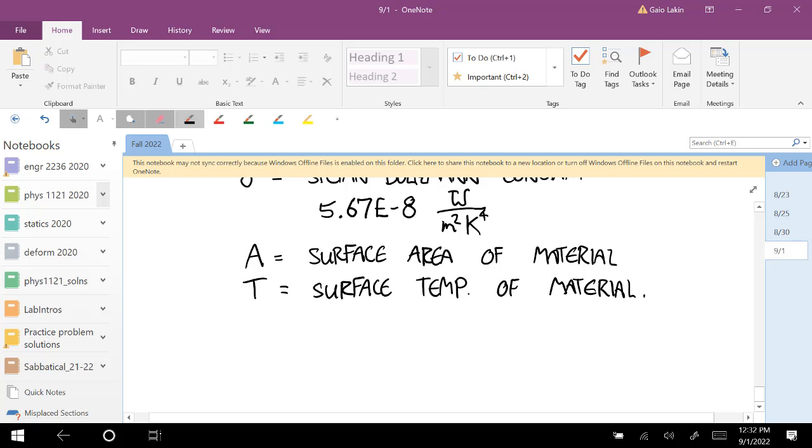All right, well, it doesn't help much in calculations to know the radiation that's being emitted if you don't also know the radiation being absorbed. And we can't always calculate that, but there's one important case where we can.